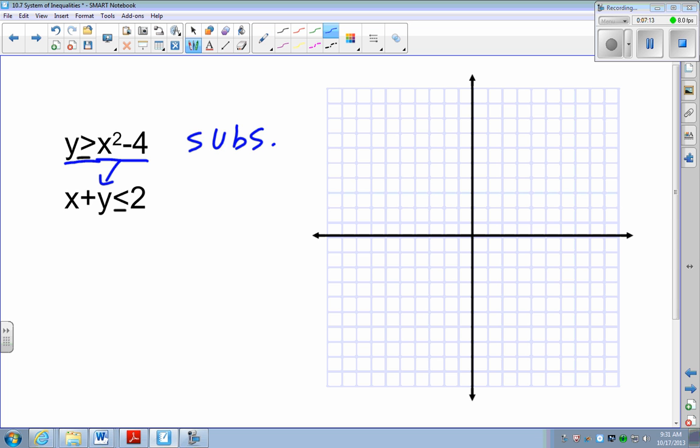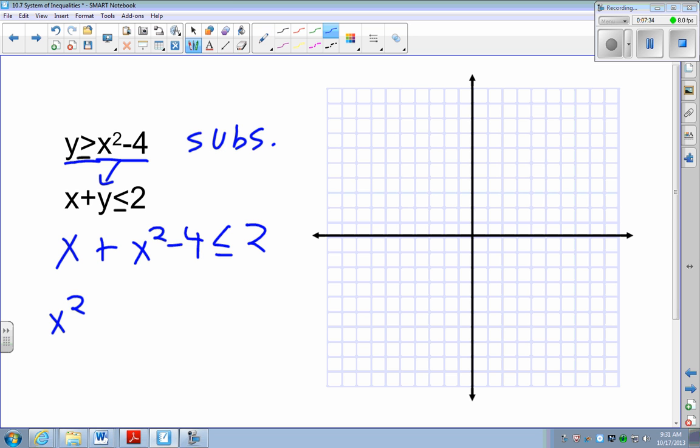All right, so when we do that, we'll have x plus x squared minus 4 is less than or equal to 2. Okay, set it equal to 0.